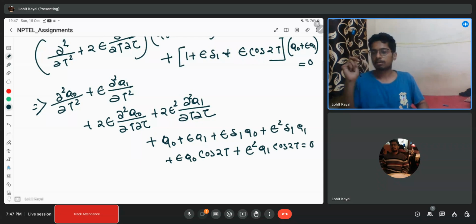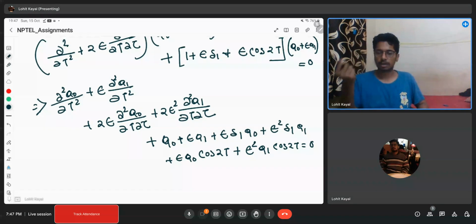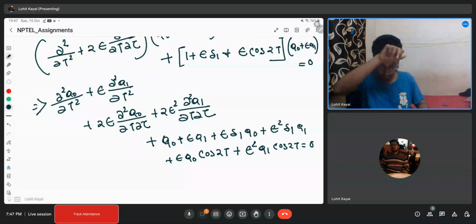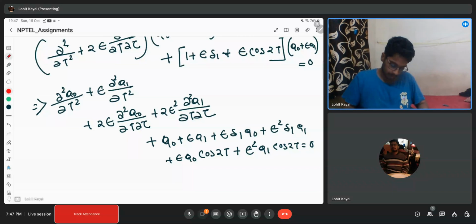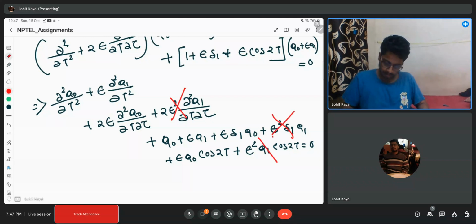Now we will consider only terms up to order ε, so we will neglect this term and this term.